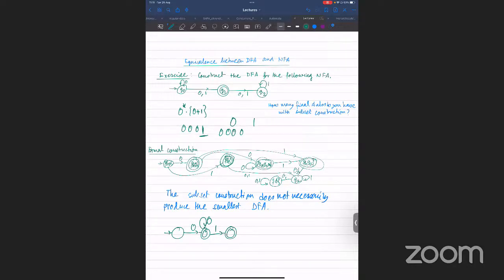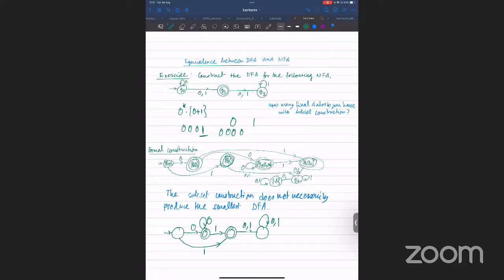You can have a 1 here, but then just a single 1 is also accepted. Since it is a DFA, now you will need a trap anyway, which is 0, 1. So you see that there are 4 states here, and this indeed accepts the same language, 0 star 0 plus 1.